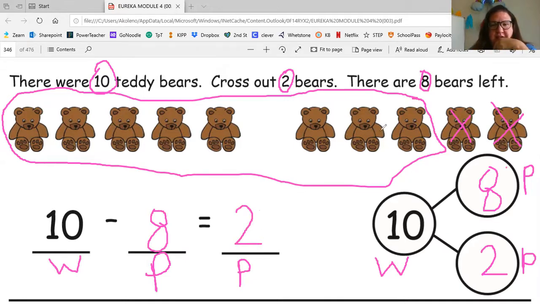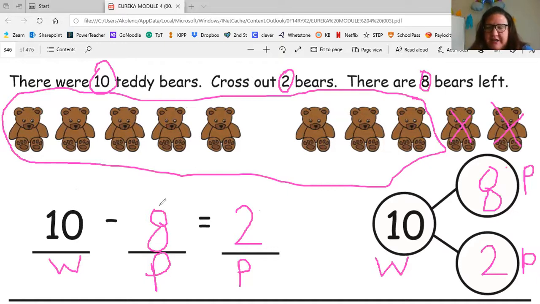If I had 10 and I took away 1, 2, 3, 4, 5, 6, 7, 8, there would be 2. But I need to check my work. It said there were 10 teddy bears. We got that part right. Cross out 2 bears or take away 2 bears.